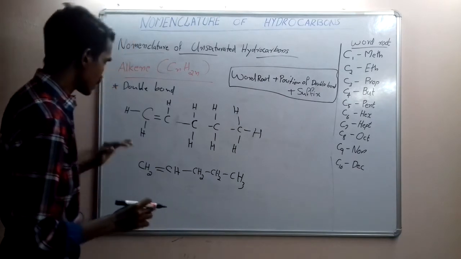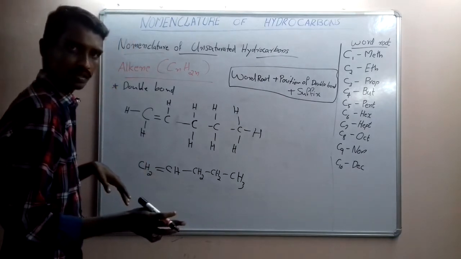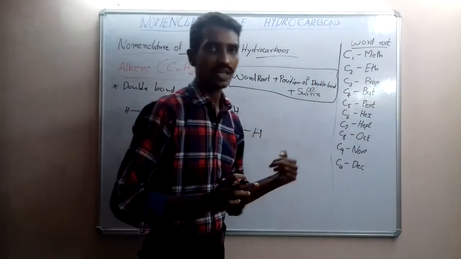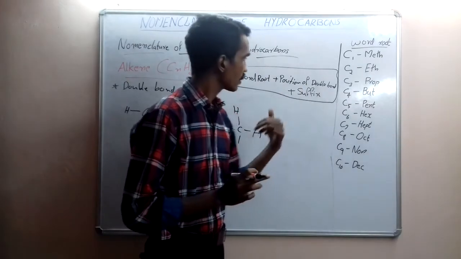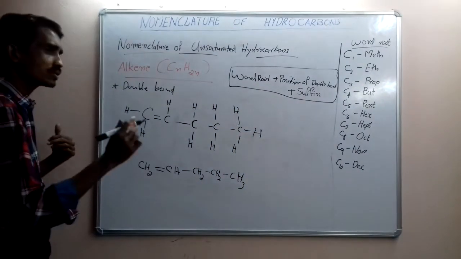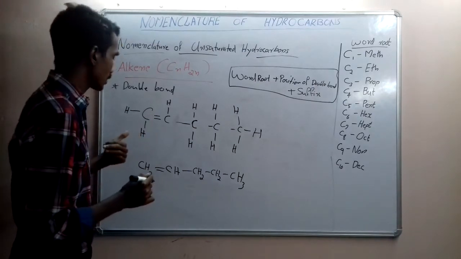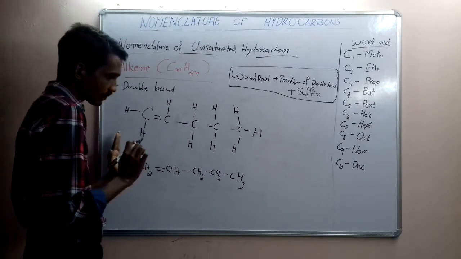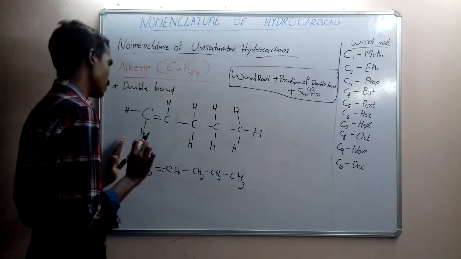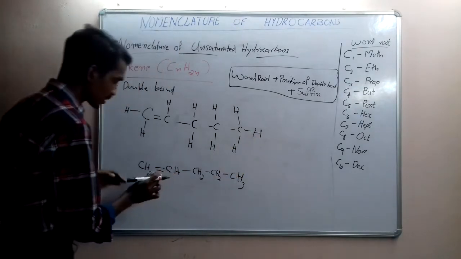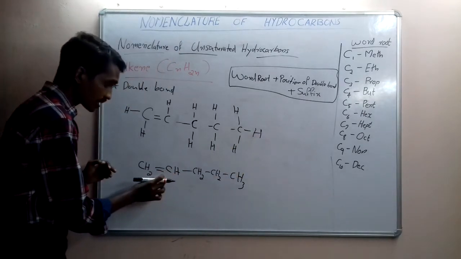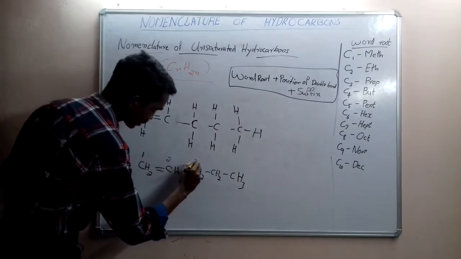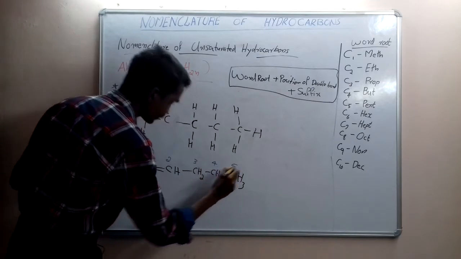In this case, how to write it? The position of double bond we need to find. How to identify the position? First we count from left to right, where the double bond is present: 1, 2, 3, 4, 5.